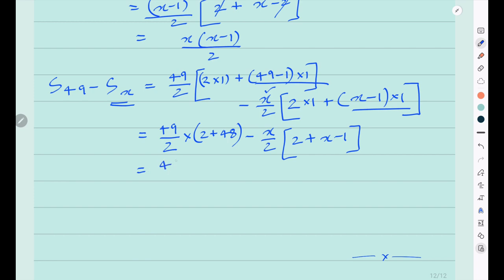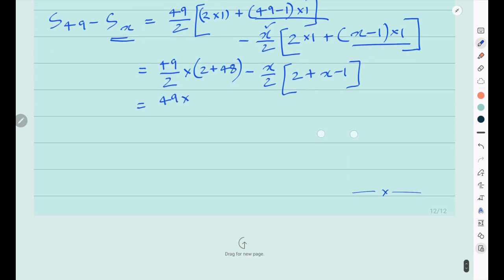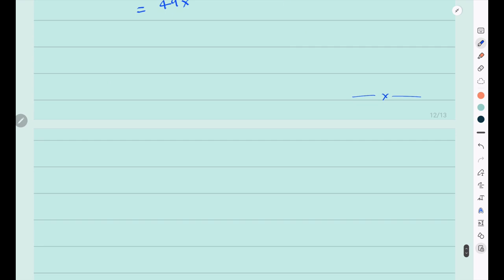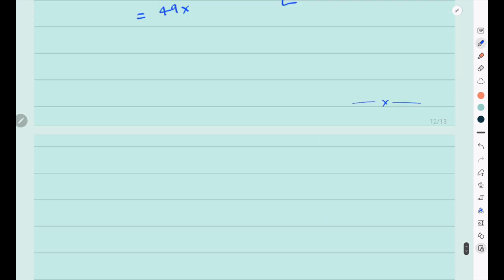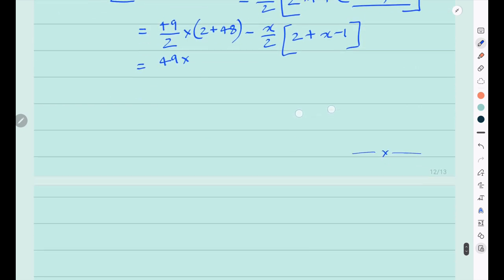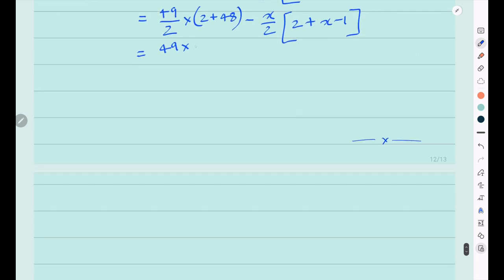Let us simplify a little further. So 49 multiplied by 50 divided by 2 minus x divided by 2 times x plus 1. Okay, so this is what it is.